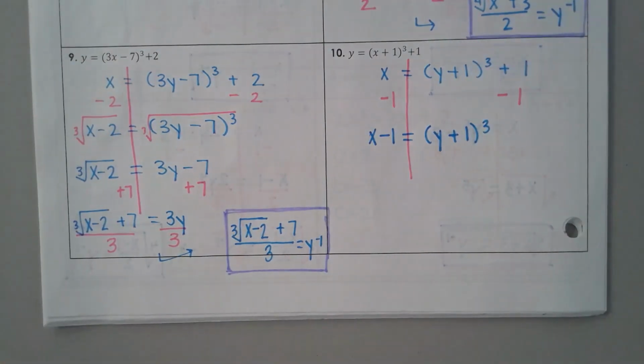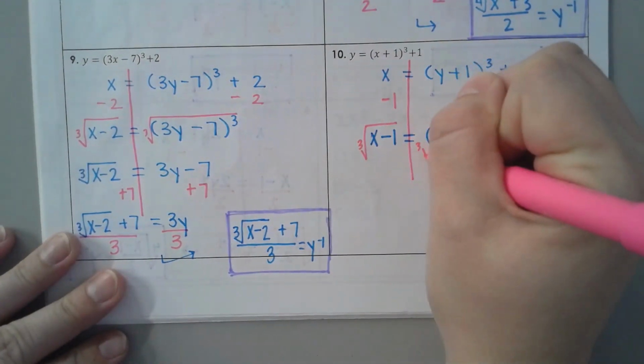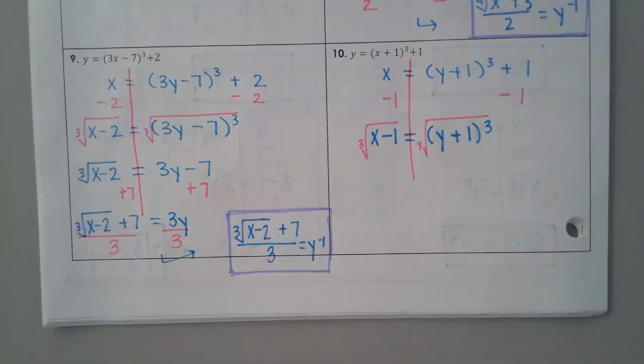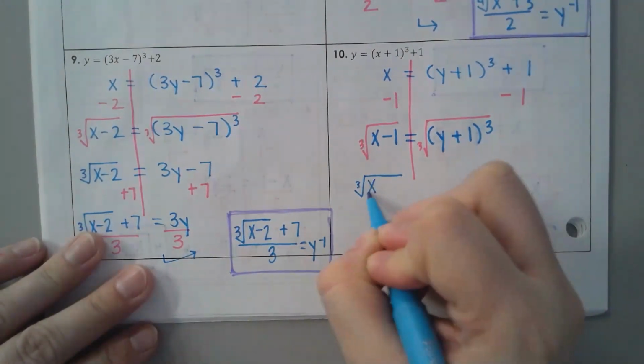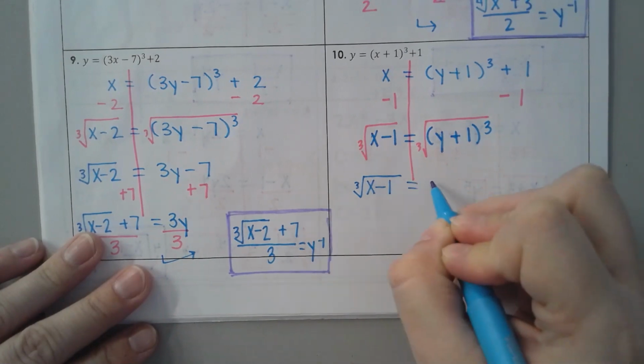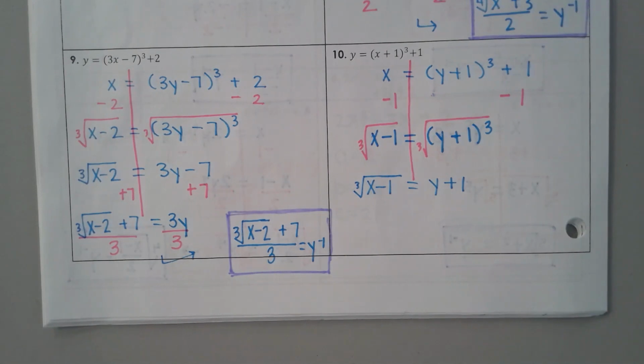Take the cube root of 3. Yep. Cube root. So I have the cube root of x minus 1 equals y plus 1.